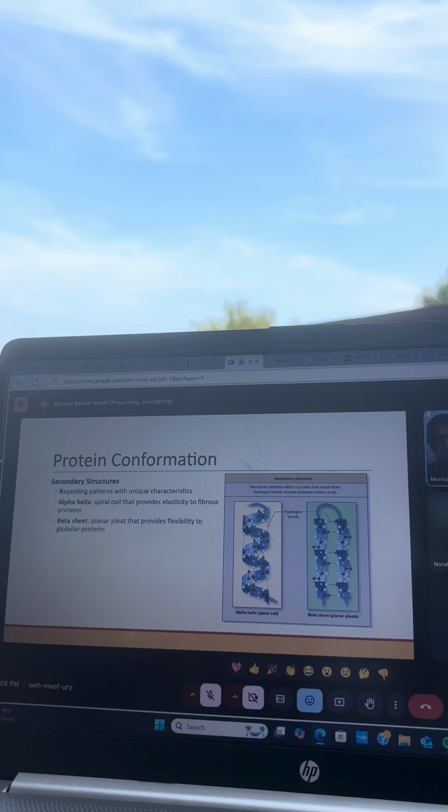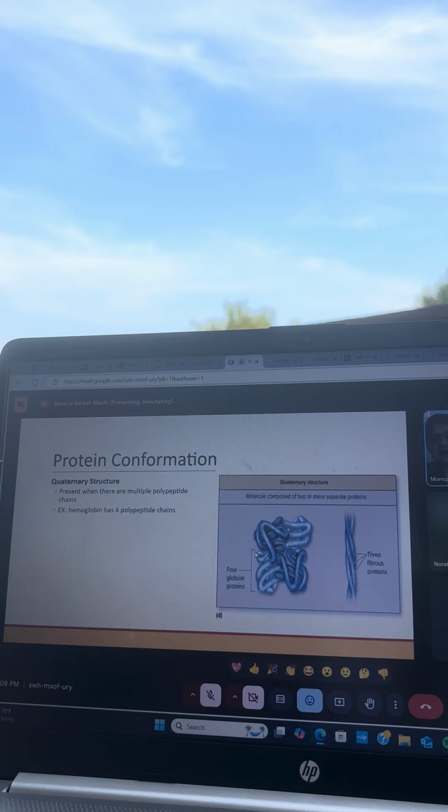But it is still one dimensional, or we can say just two dimensional. Then the tertiary is when the secondary structure gets further modified and folded, so now it becomes three-dimensional. But still it is only one kind of protein chain which is further getting folded and refolded. That is tertiary.